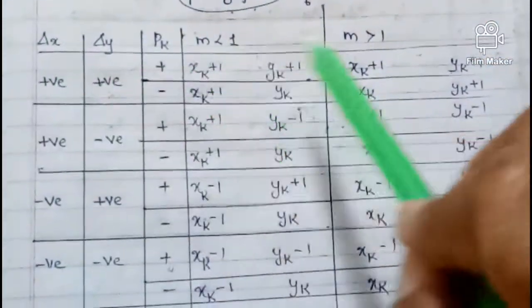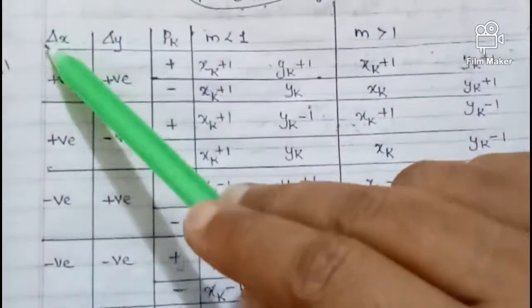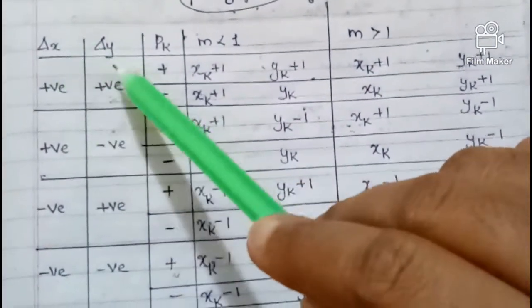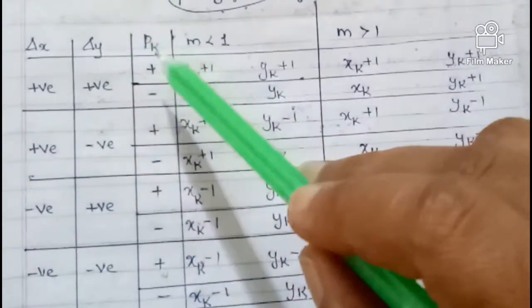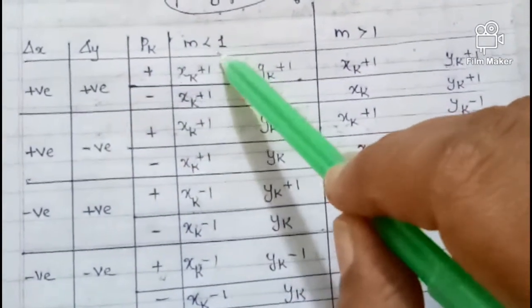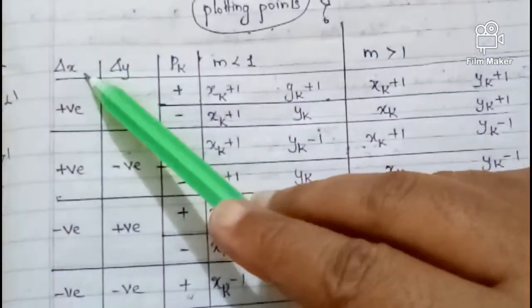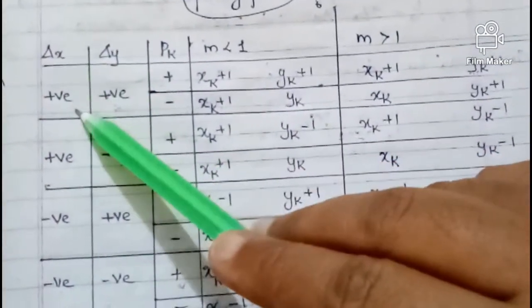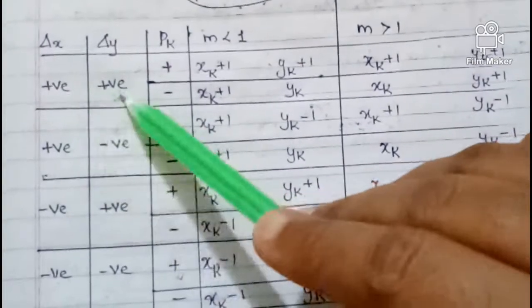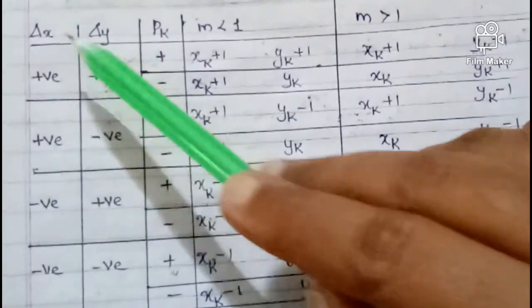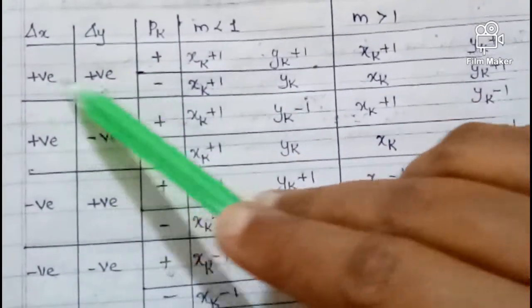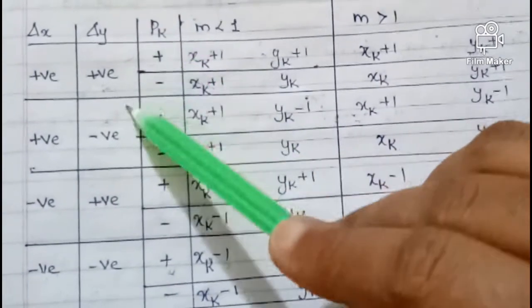There are 5 columns: one for delta x, one for delta y, one for pk, then m less than 1 and m greater than 1. If delta x and delta y both are positive, this is the first case.